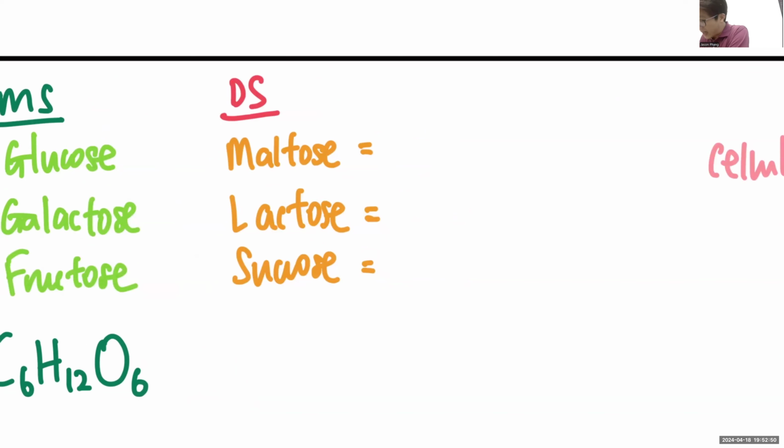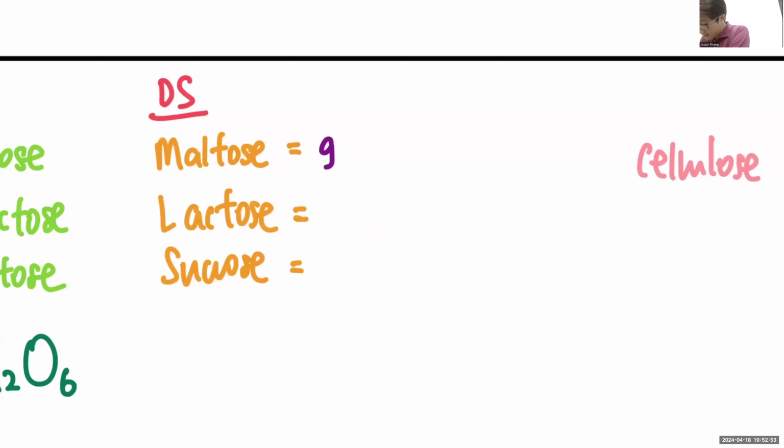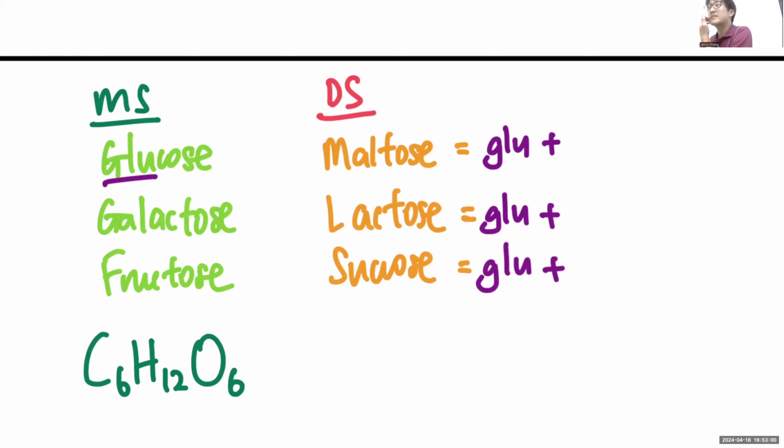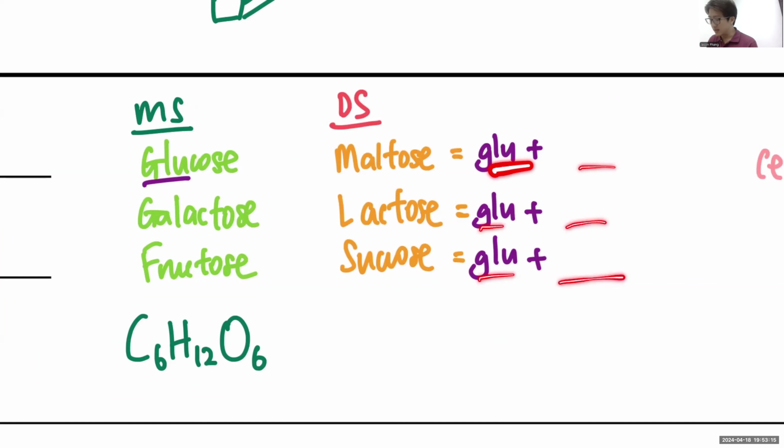All my disaccharides contain at least one glucose. So instead of remembering 1, 2, 3, 4, 5, 6 combinations, I only need to remember 3 things. That's it. All my disaccharides contain, listen to this clue, at least one glucose.